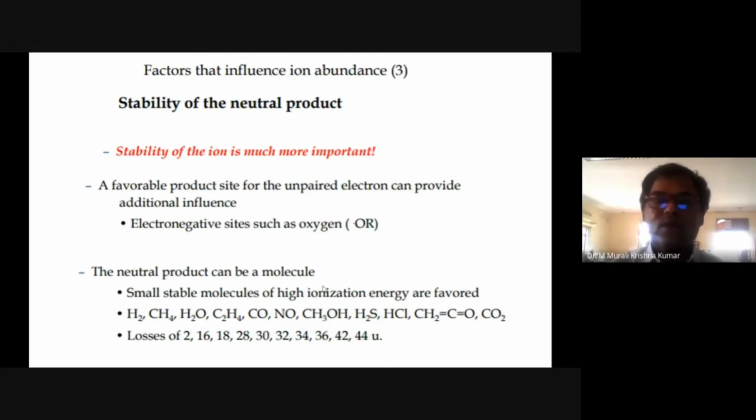Let's say if you have an alcohol, primary or secondary or even tertiary, you can see loss of a water molecule. In the same way, when you have a carboxylic acid in your molecule, you will see loss of carbon dioxide as a neutral fragment. These are all common observations. All these things you will see in the fragmentation analysis of individual functional groups.